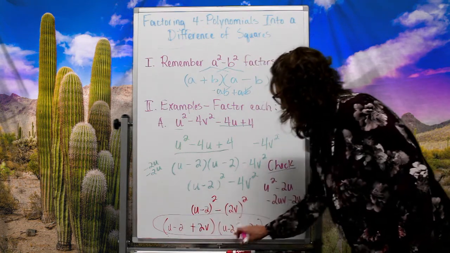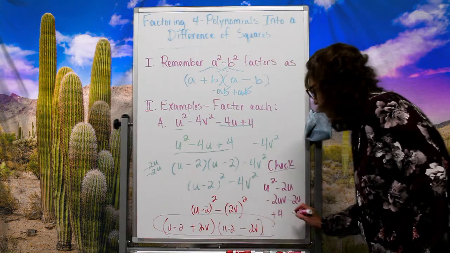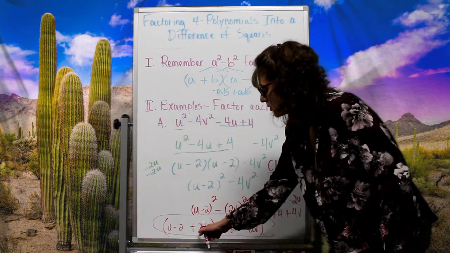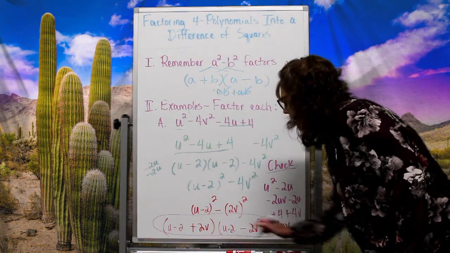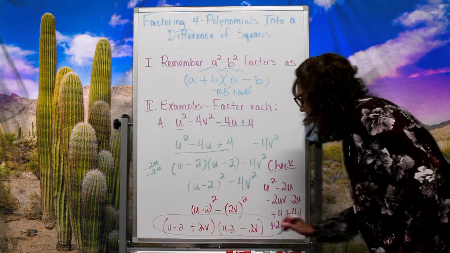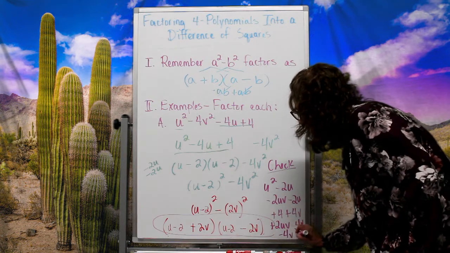And a negative 2 times a negative 2 is a positive 4. And a negative 2 times a negative 2v is a positive 4v. And now it's this guy's turn. Let's send him through. 2v times u is a positive 2uv. And a 2v times a negative 2 is a negative 4v. And then finally a 2v times a negative 2v is a negative 4v squared.